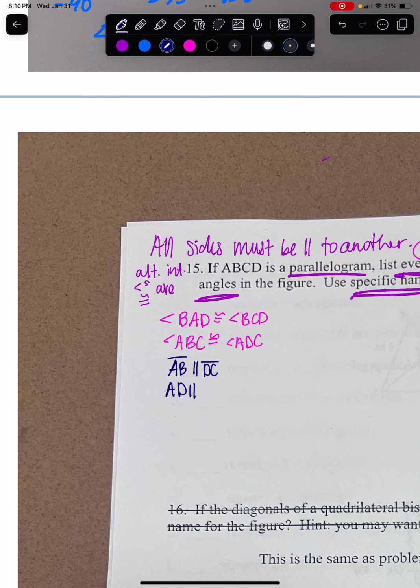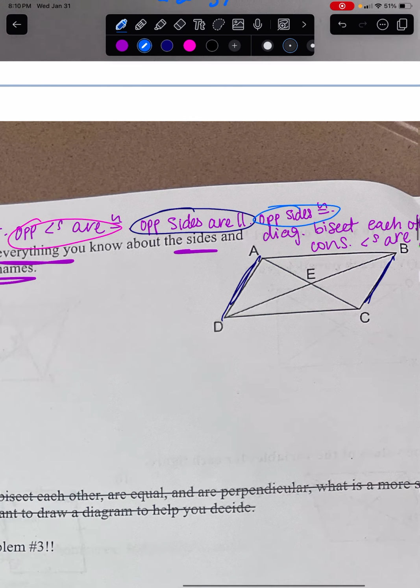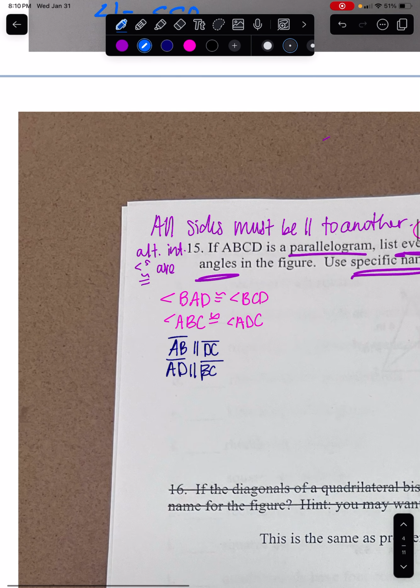AD parallel to BC, was it? Yeah. Alrighty. Now, opposite sides are congruent. We can just use the same thing that we just did. So AB congruent to DC. AD congruent to BC.